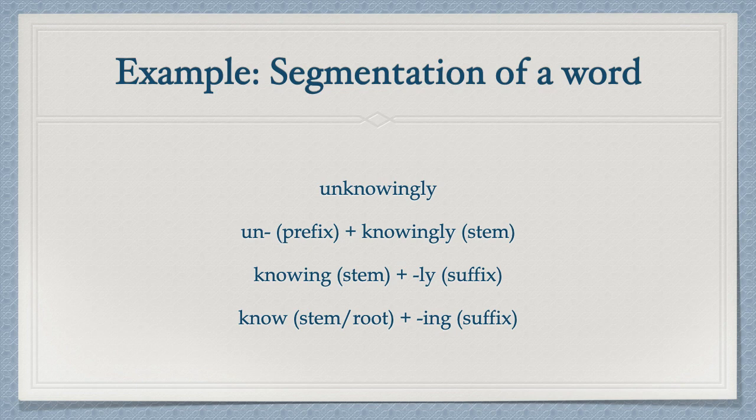These are all bound morphemes. Know is the only free morpheme here. So we have managed to segment the word unknowingly into its constituent morphemes by following different levels of segmentation and trying to find out which affix goes with which stem. And finally, we have come down to the root of the word, which is the free morpheme know.